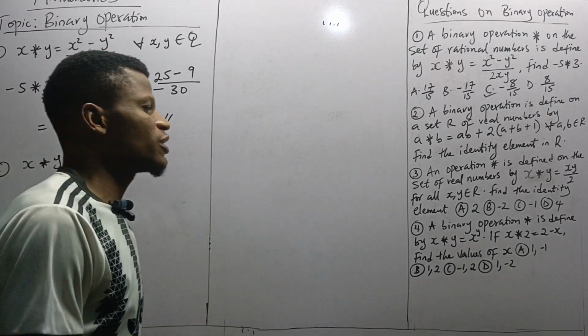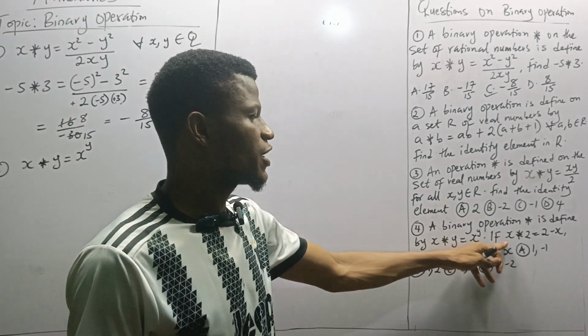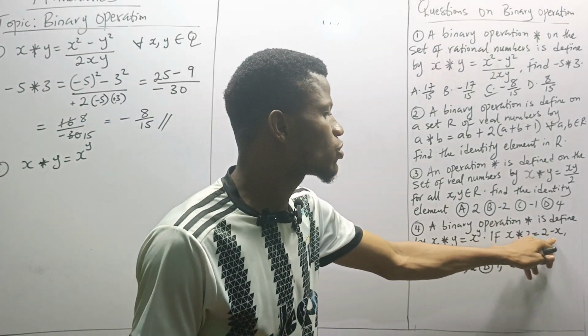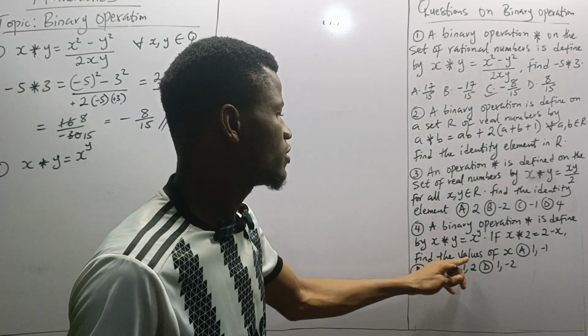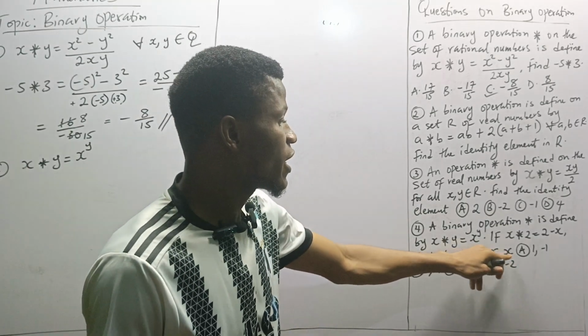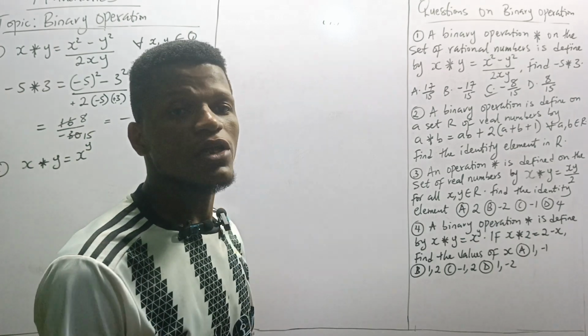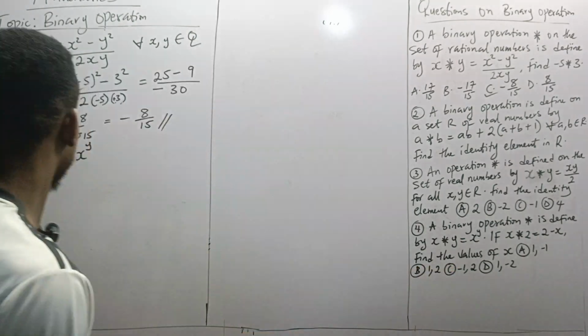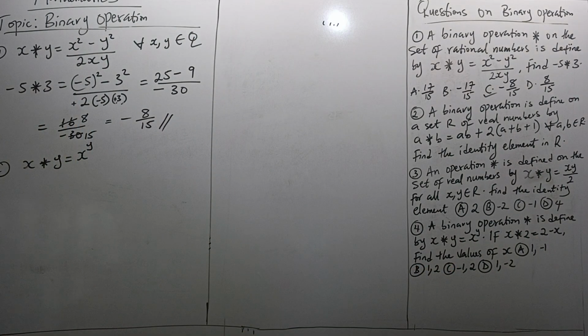Then I'll give you a conditional statement that if x operation 2 is equal to 2 minus x, you should find the values of x. Values is a plural form, meaning that x will contain more than one value.